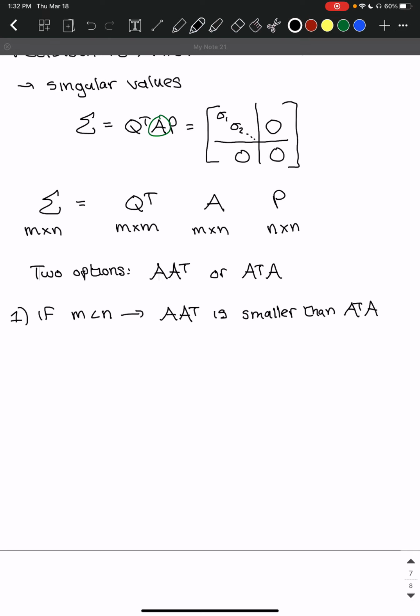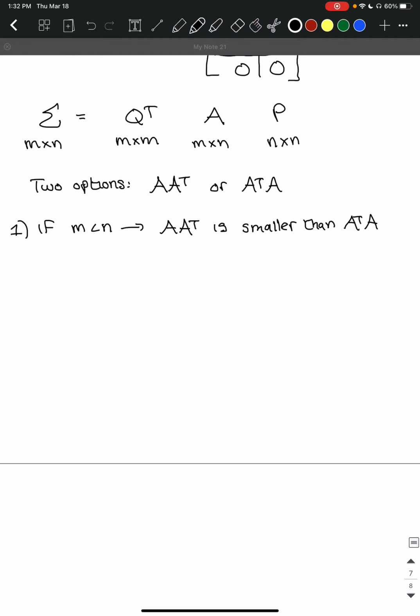A A transpose is M by N times N by M, which is an M by M matrix. And A transpose A is N by M times M by N, which is an N by N. And we showed that N is bigger than M. So we want to be working with A A transpose.